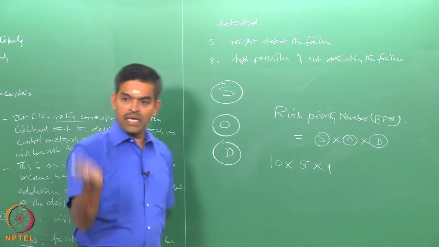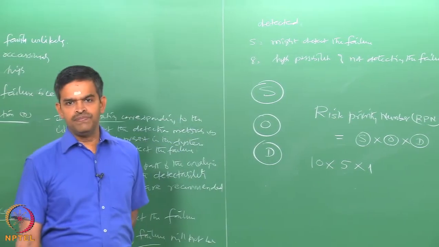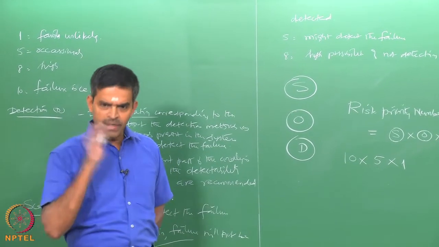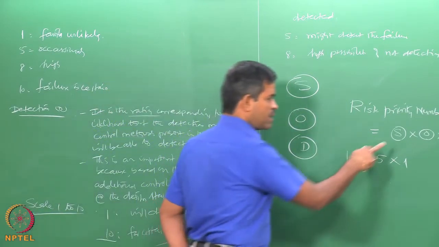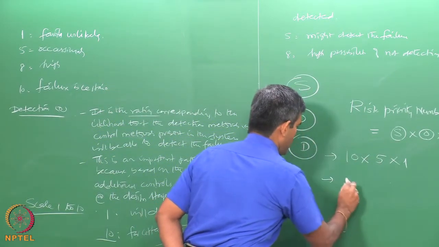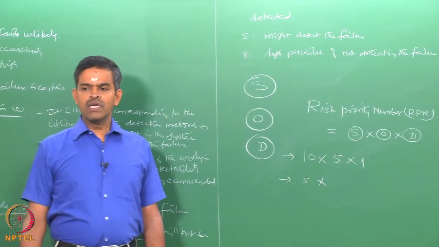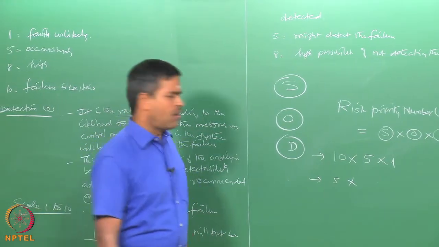Let us look into the other extreme. Let us say I have a component whose failure will have no effect at all. Let us say the component is there, the component will fail, it has no effect or it will have a moderate effect. So, in that case S will be 5, that is the moderate severity. The moderate severity component may frequently fail and it may be even certain, or the failure may be high.